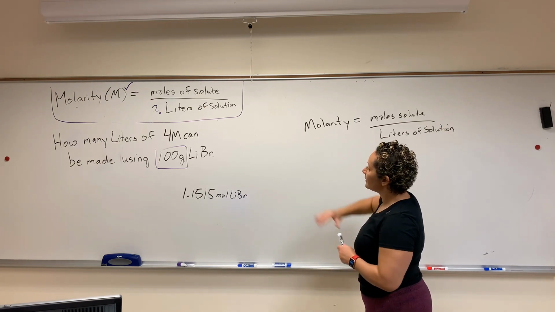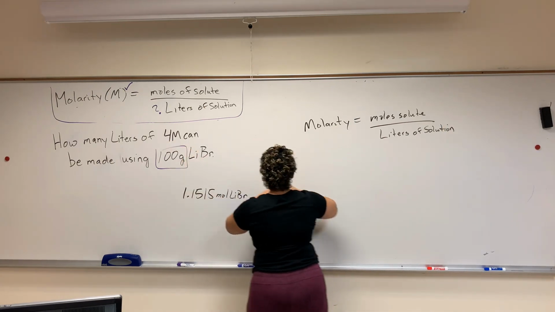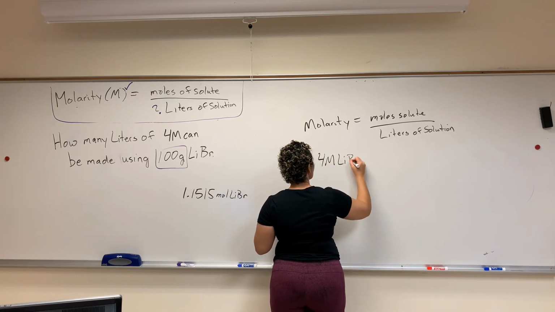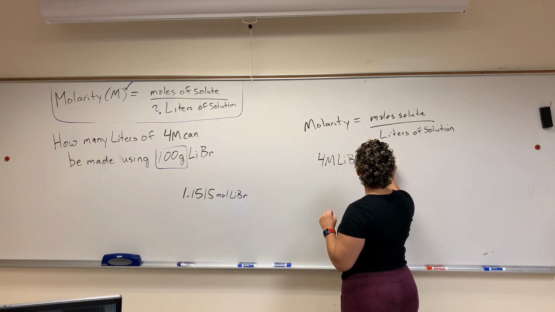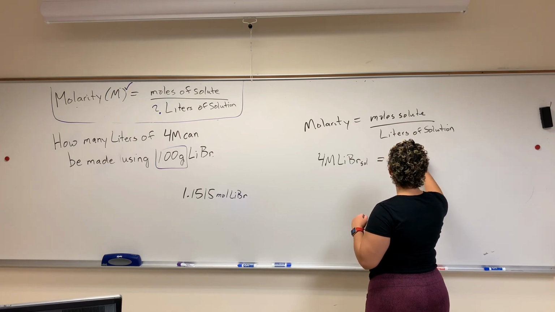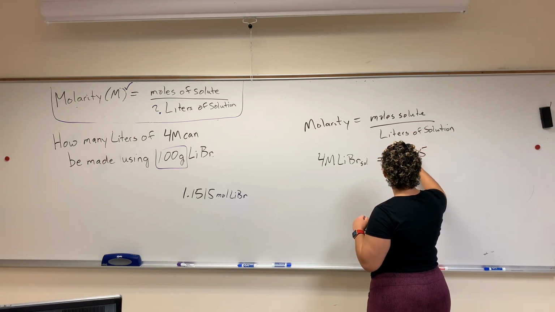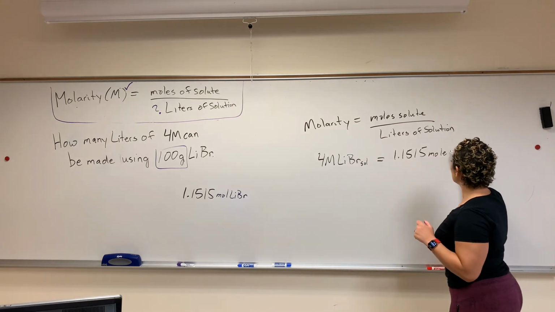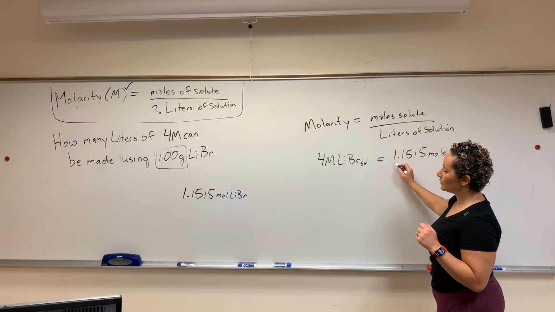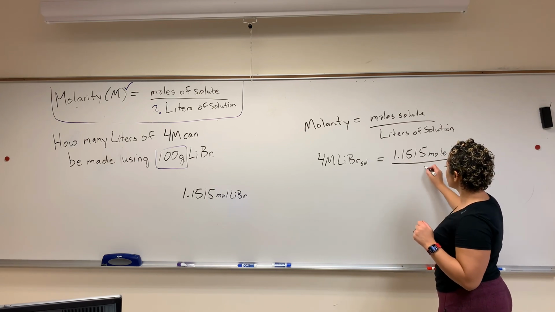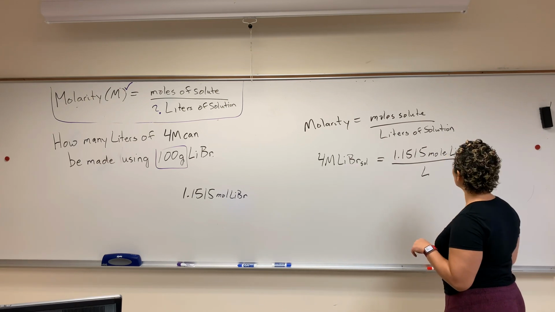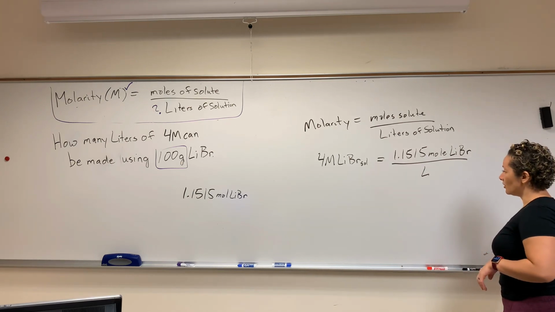So your molarity right here, 4 molar solution, a 4 M LiBr solution, equals moles of solute, you just figured it out, 1.1515 moles of LiBr. Over here, liters. Trying to figure out liters of solution. That's the variable to solve for. Solve this, and then you'll be good. So go ahead and do that on your own.